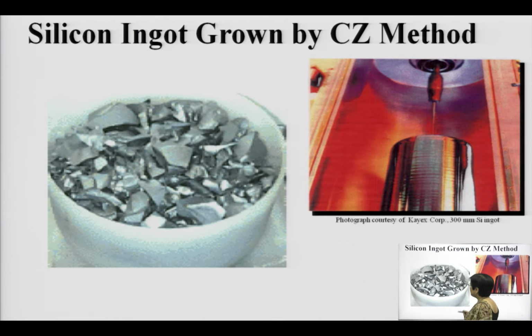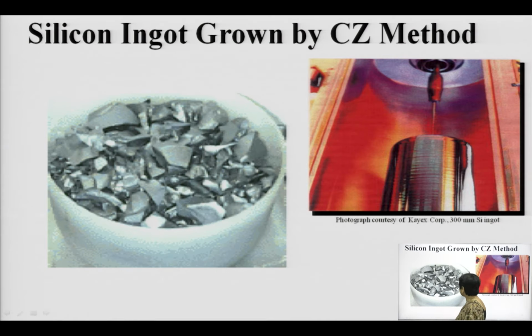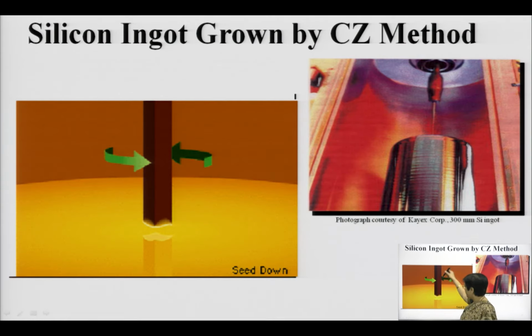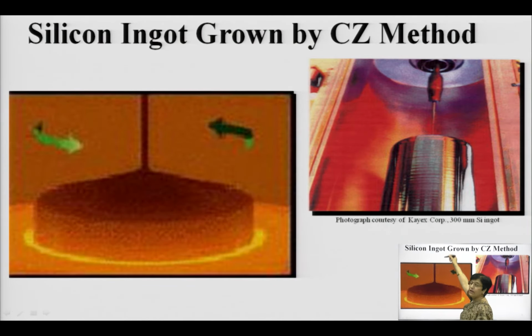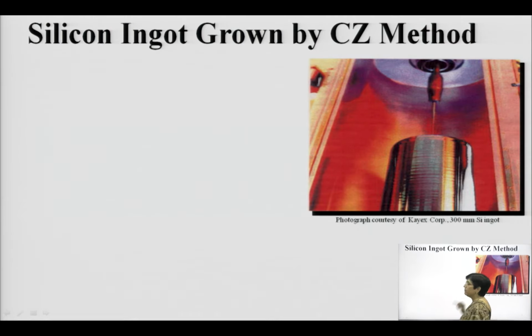This is the original polycrystalline silicon and this is the final ingot, and between them the processes happening are depicted here. The seed is dipped into the molten silicon and lifted slowly; this is how the ingot is formed, and this is the final ingot being formed over here.